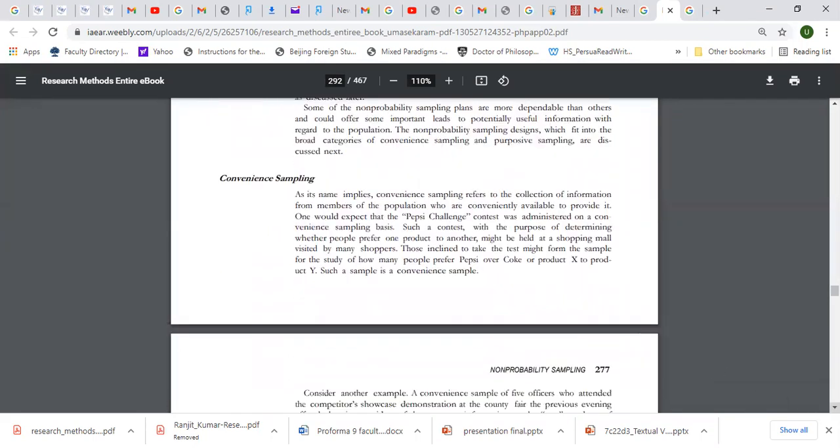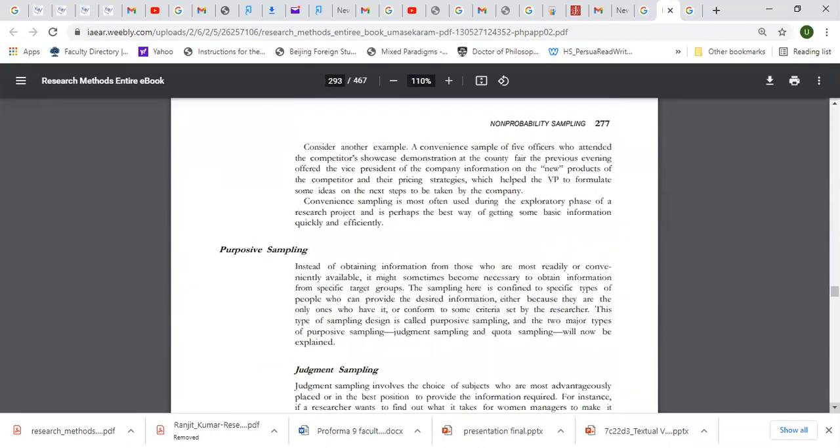There is no such criterion, as there was in the previous types. Maybe you can take your friends for the study, if they fulfill the criteria of your study, or maybe your classfellows, because they are conveniently available to you, and that is why you have selected them for the study.